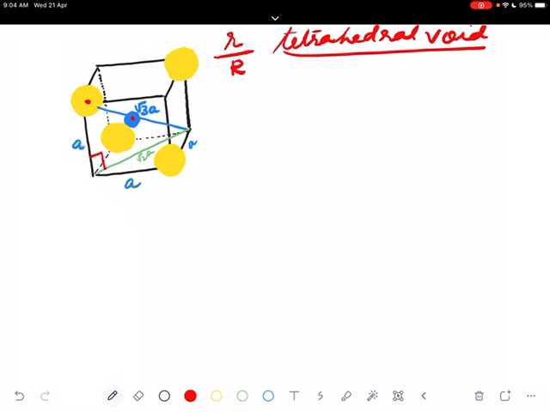I have made two red spots over there. The distance between these two is root 3a by 2. You know that the blue ball is touching that yellow ball. That means small r plus capital R.